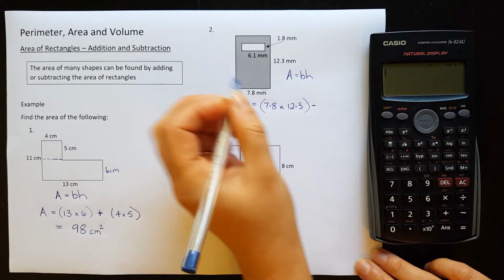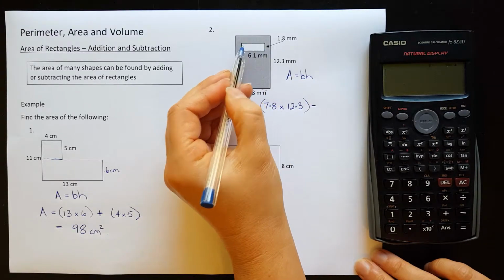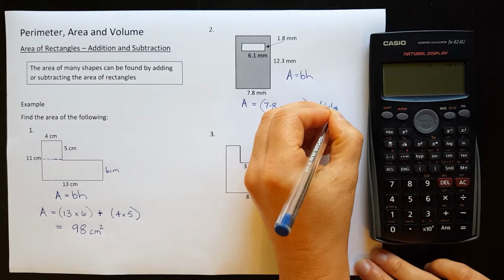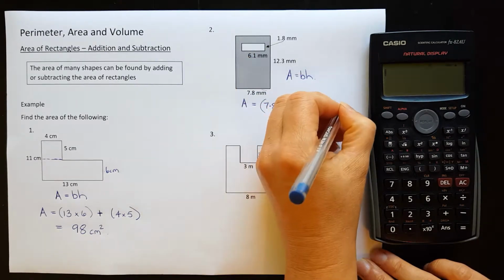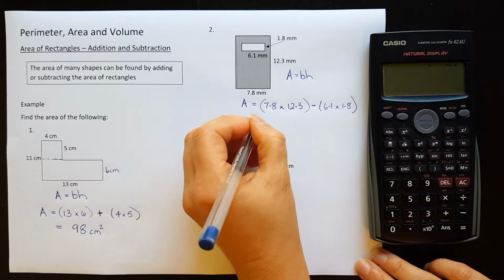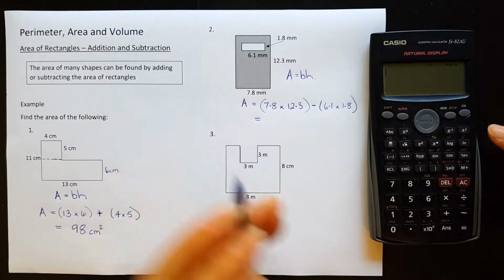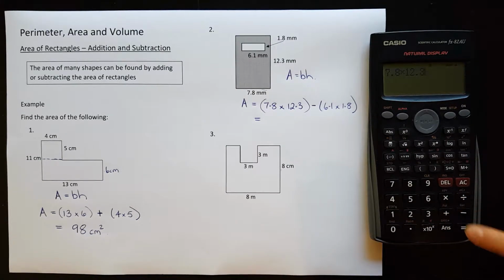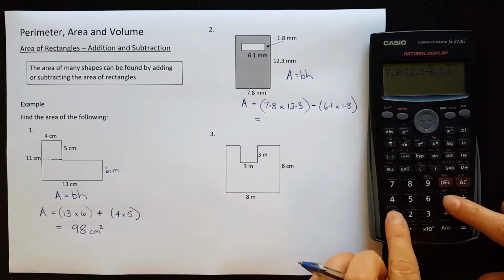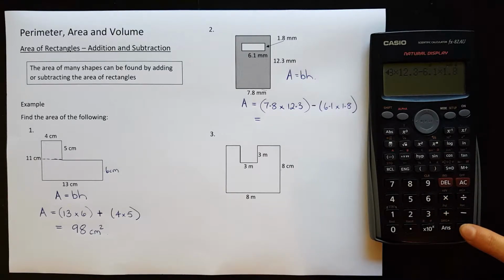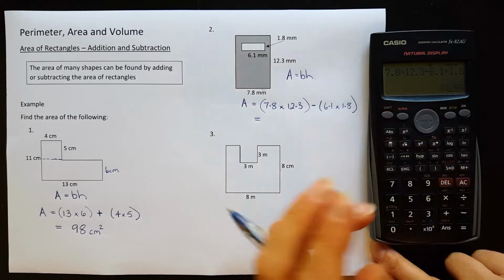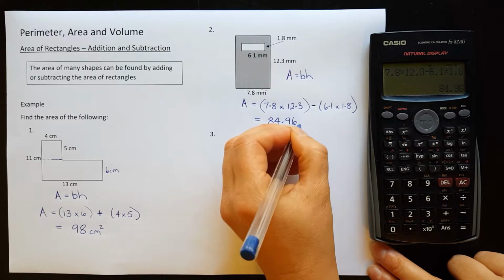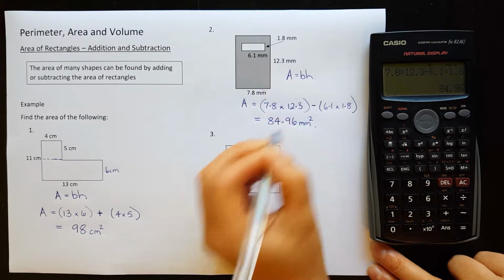Then I want to take away this little rectangle, which has a base of 6.1 millimeters times a height of 1.8 millimeters. Type that in. 7.8 times 12.3 minus 6.1 times 1.8 is equal to 84.96 millimeters squared.